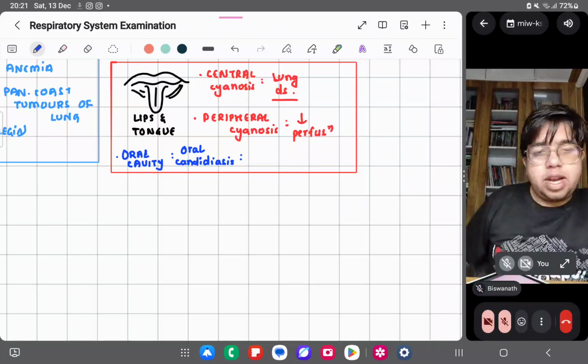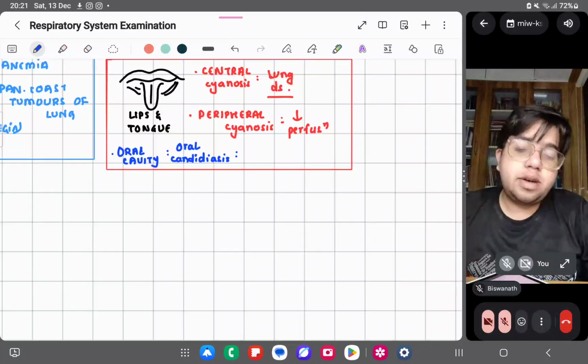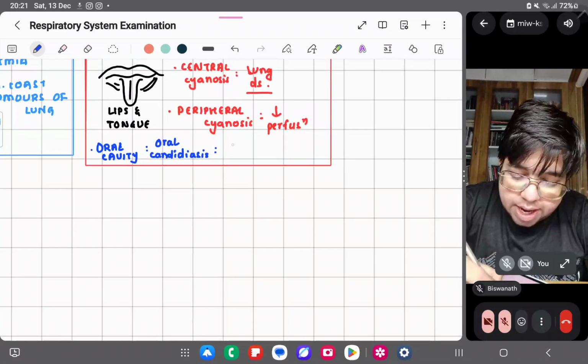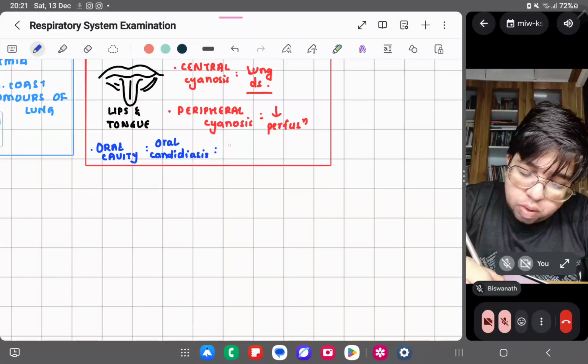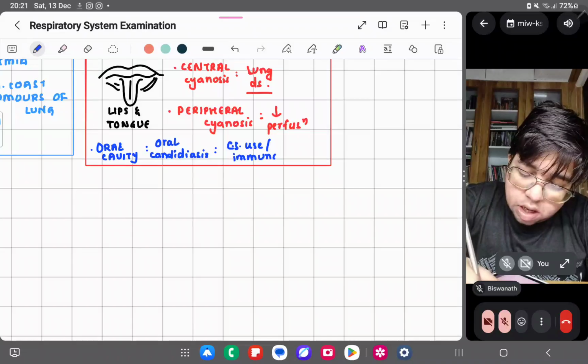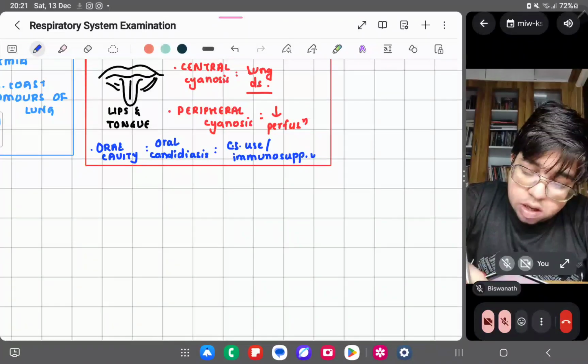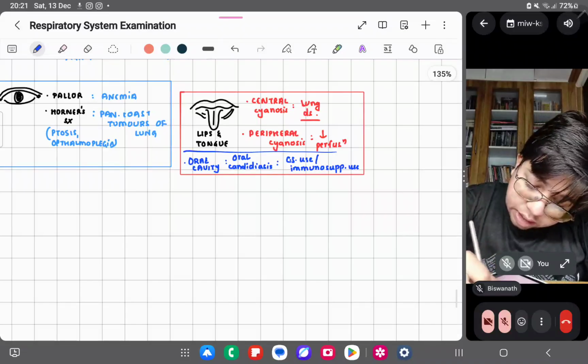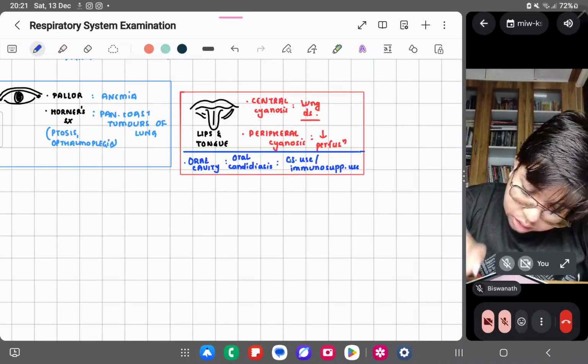The patient might not tell you, but you can get to know from the appearance itself, right? So oral candidiasis will indicate corticosteroid use or immunosuppressant use.